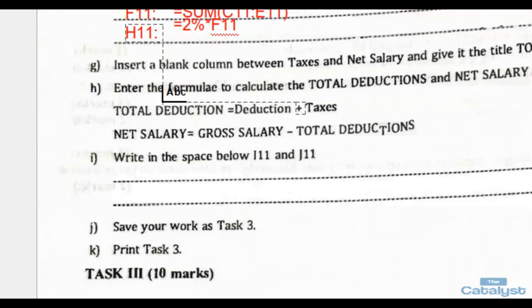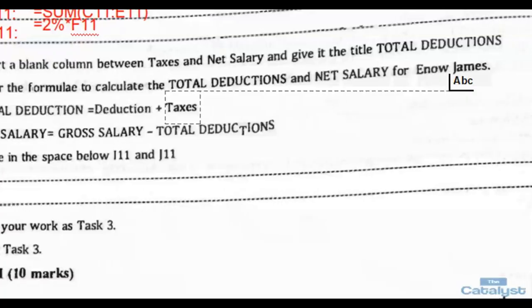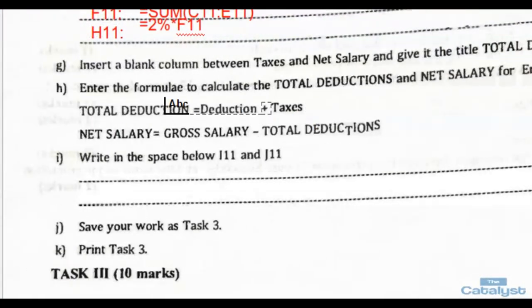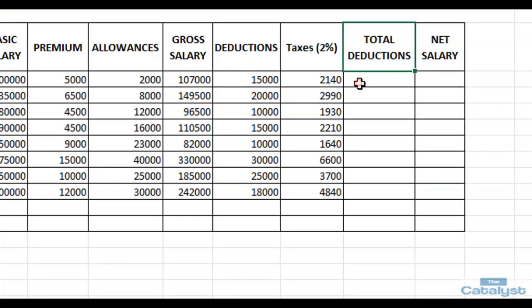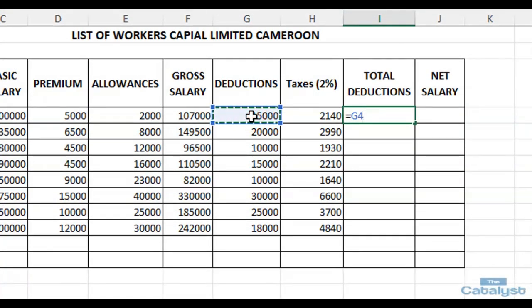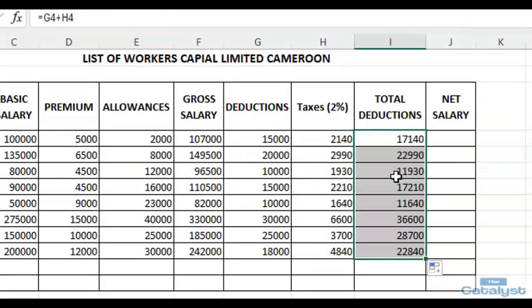Enter the formula to calculate the total deduction and net salary for Eno James. The total deduction is equal to deduction plus taxes, as we can see. You can use sum as well, or do just like I did.